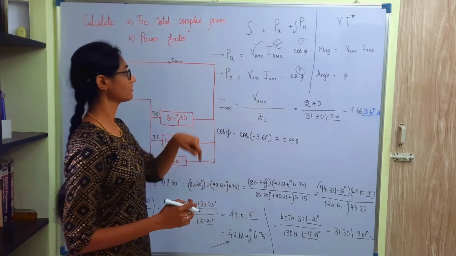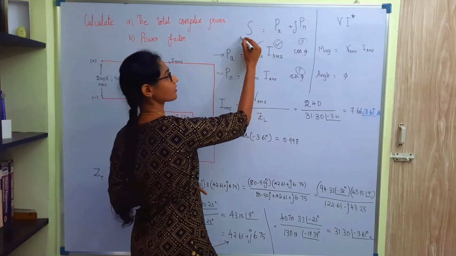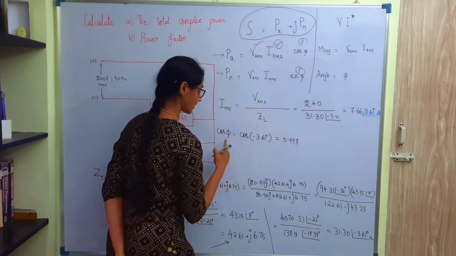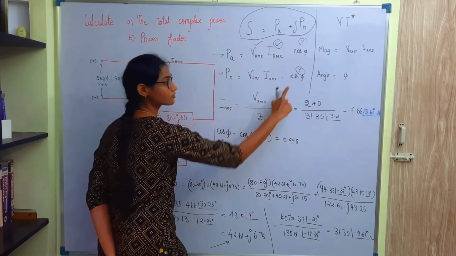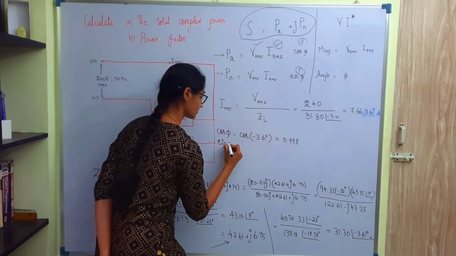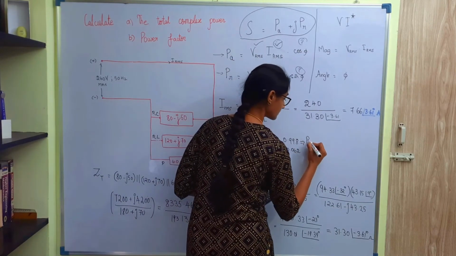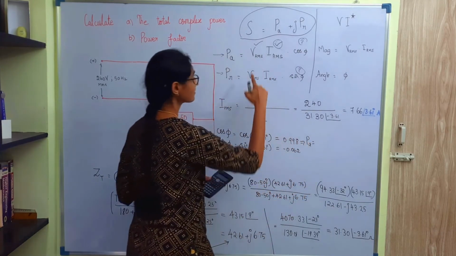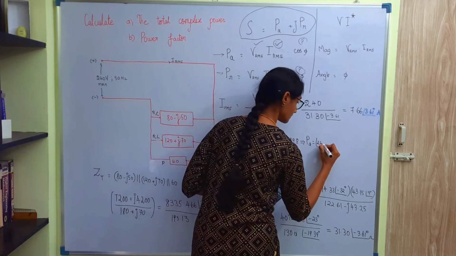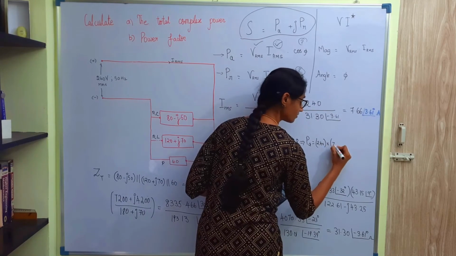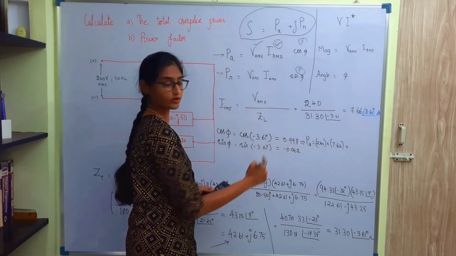So we will find the active power first, next the reactive power, then we can find the complex power. Now we have found cos phi. Let us also find sin phi so that it will be useful for finding the reactive power. So the active power will be Vrms Irms cos phi, which is 240 into 7.66 into cos phi, which is 0.998.